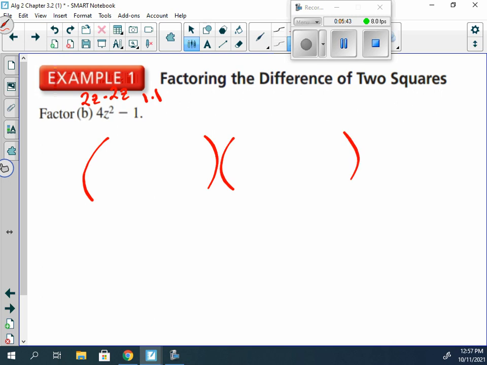So in our two parentheses, we would have opposite signs. In the first one, we would have 2z plus 1, and then we would have 2z minus 1. And that's it. Questions on this here? You like these so far?